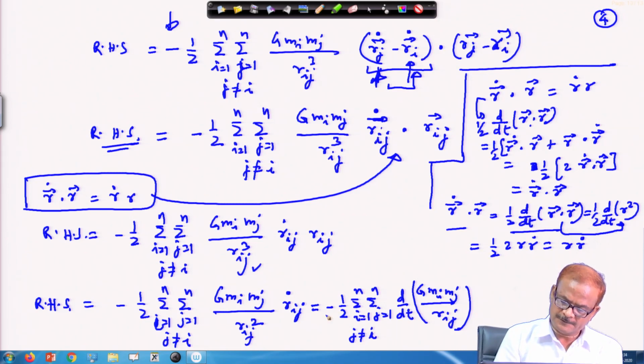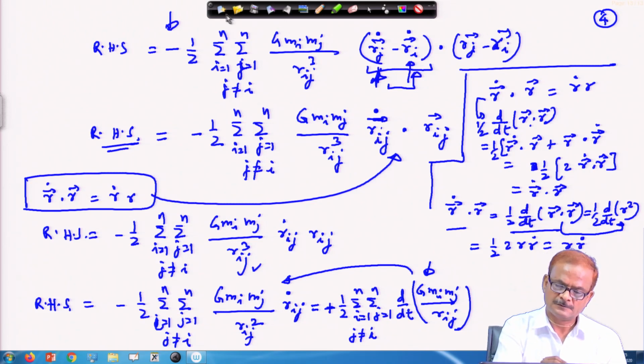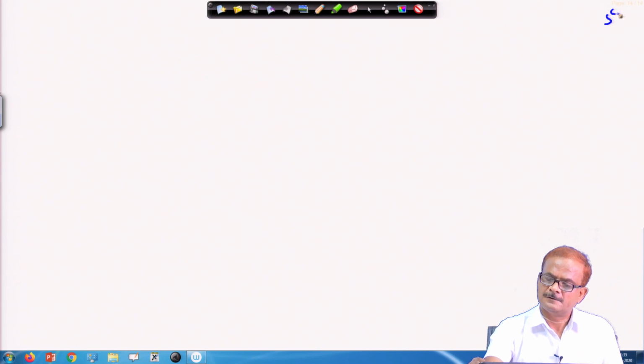And what we see is that the minus sign which we were carrying here gets converted into plus, because once you differentiate this, you get this quantity here. Okay, so automatically the minus sign will appear. So this is our right hand side. So we go on to the next page.